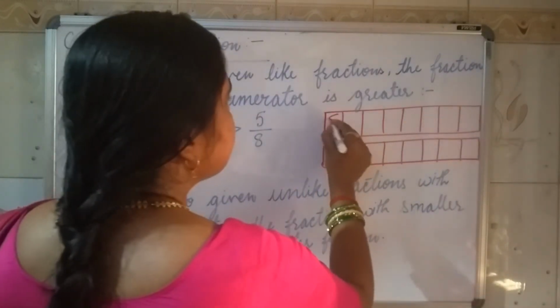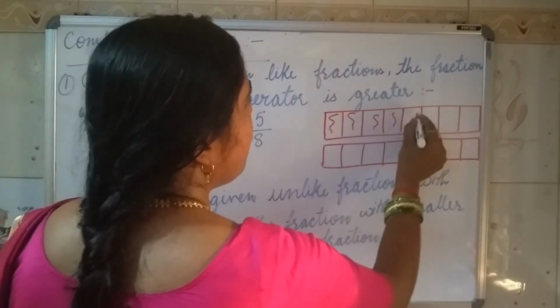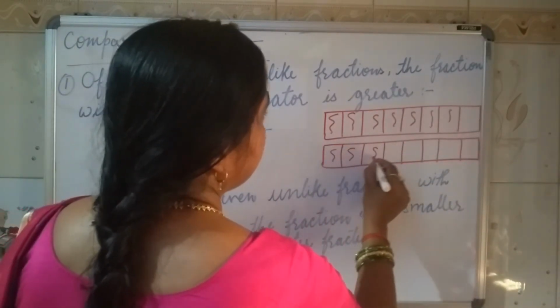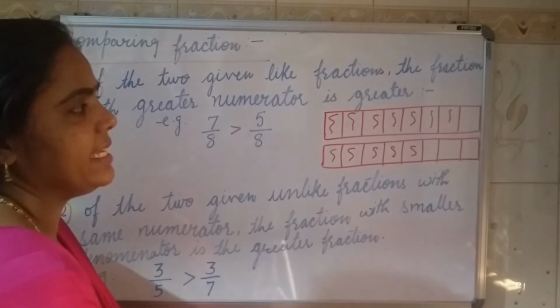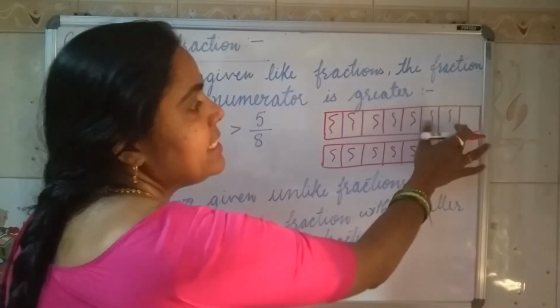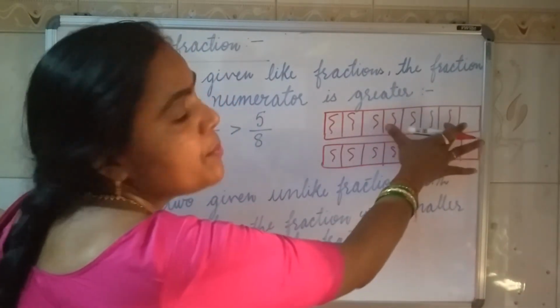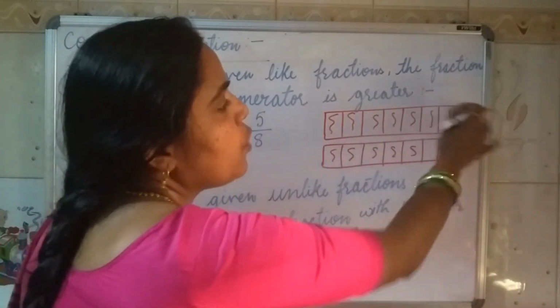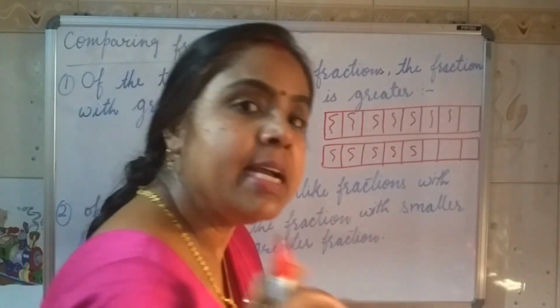First one I have taken 7 parts. 2, 3, 4, 5, 6, 7. And the second one I have taken 5 parts. So from the picture it is clear which one is the greater fraction. This is the greater one because it has more value and the other has less value. Since denominators are the same, all are having the same division, that is 8.